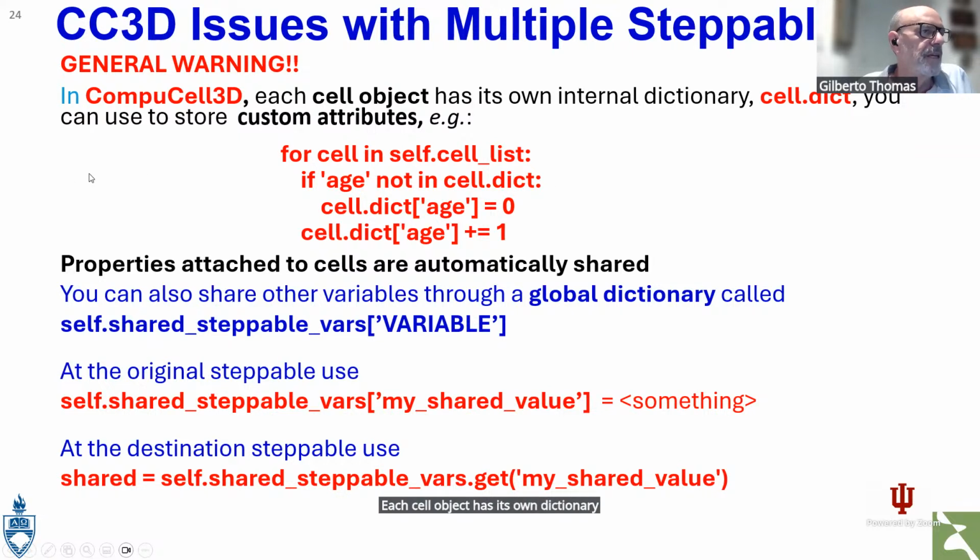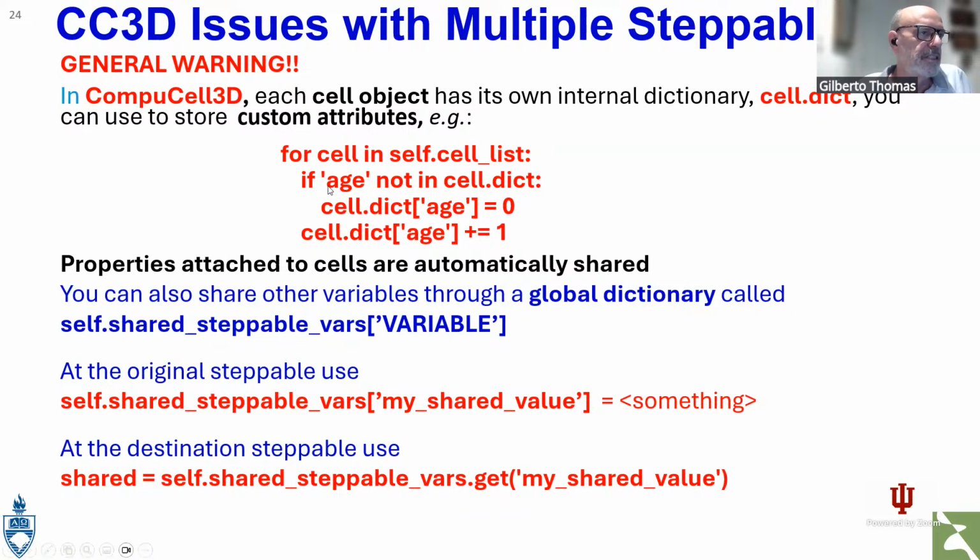Each cell has a dictionary, called cell dict, like this. You can use this dictionary to store something new that you want to move around the simulation. For example, for cell in cell list, if age not in cell dict, you create a key age, put it to 0.